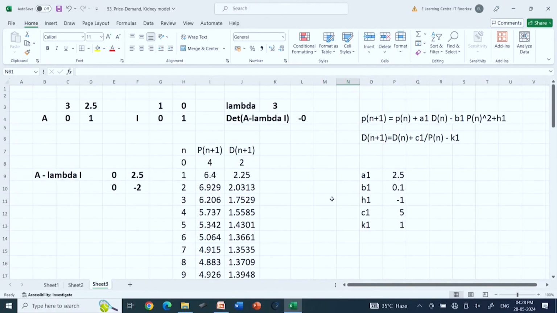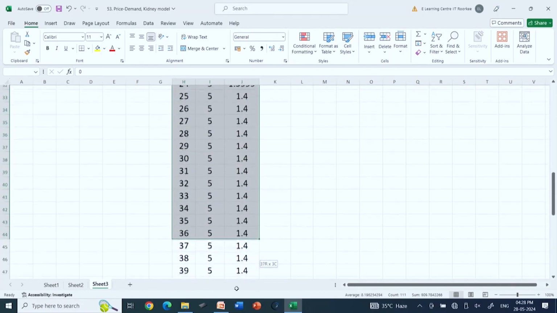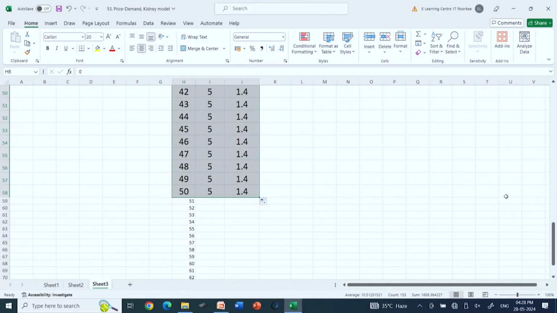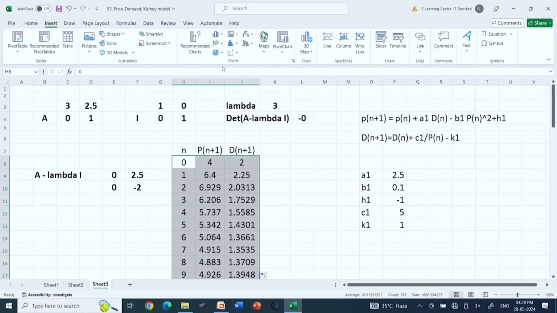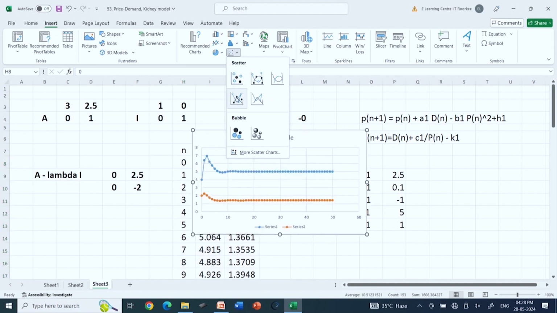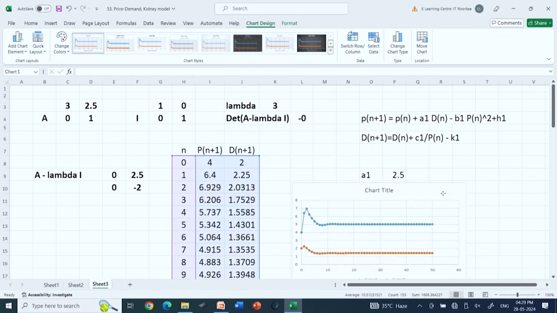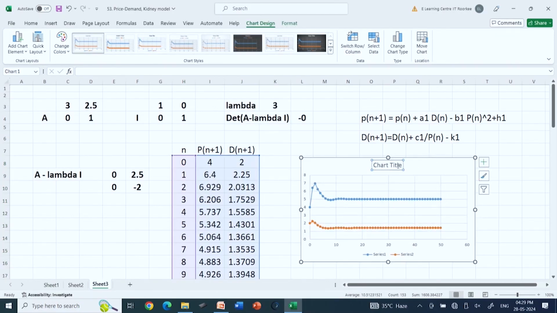Okay. So if I now plot this, we go to Insert, I go to this chart and I plot this. So I can write price demand model.